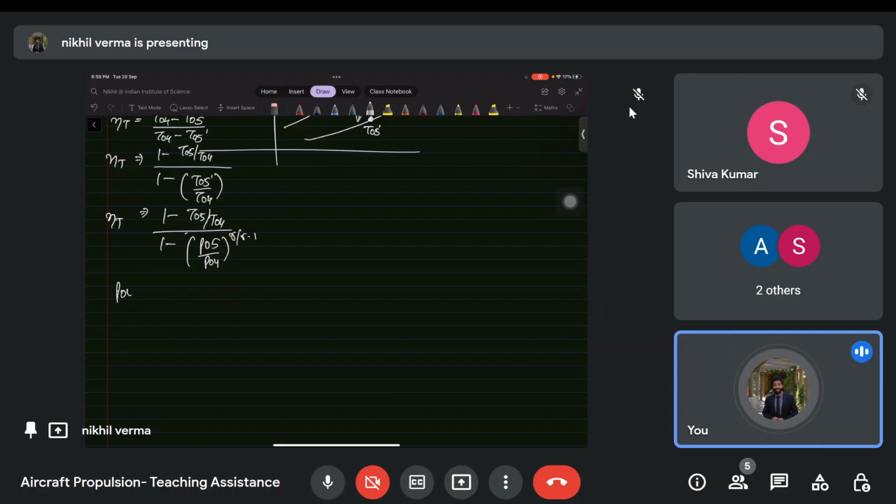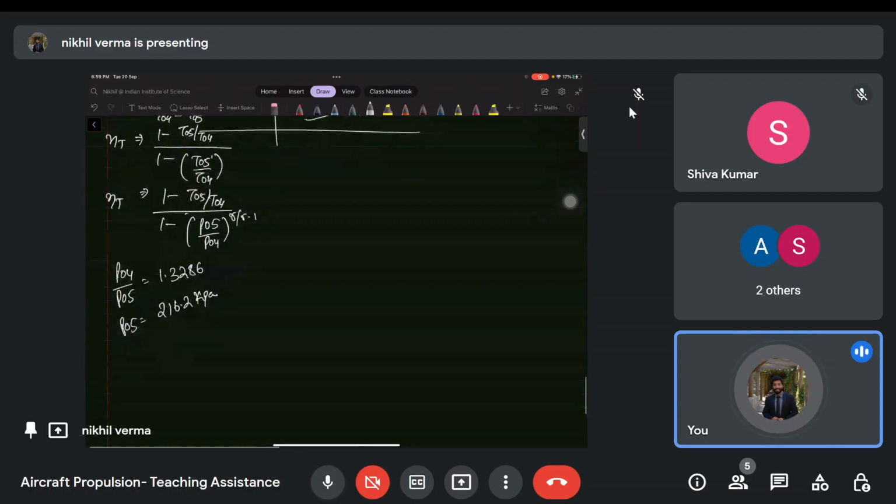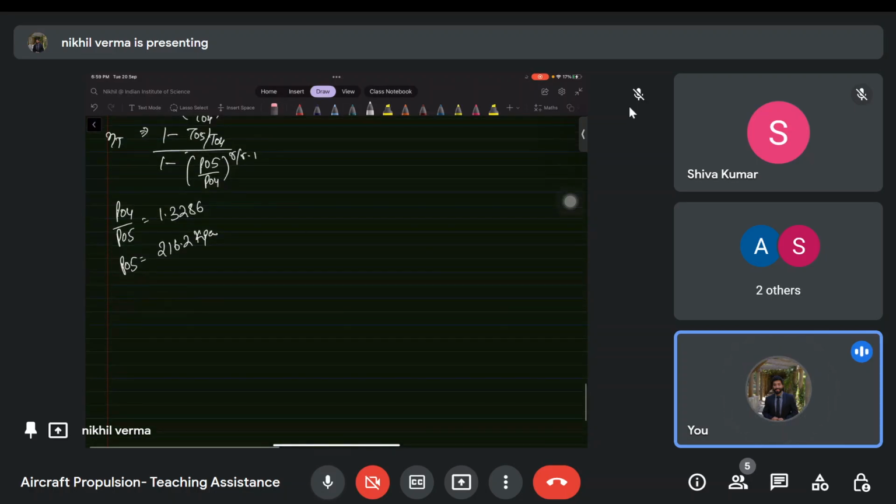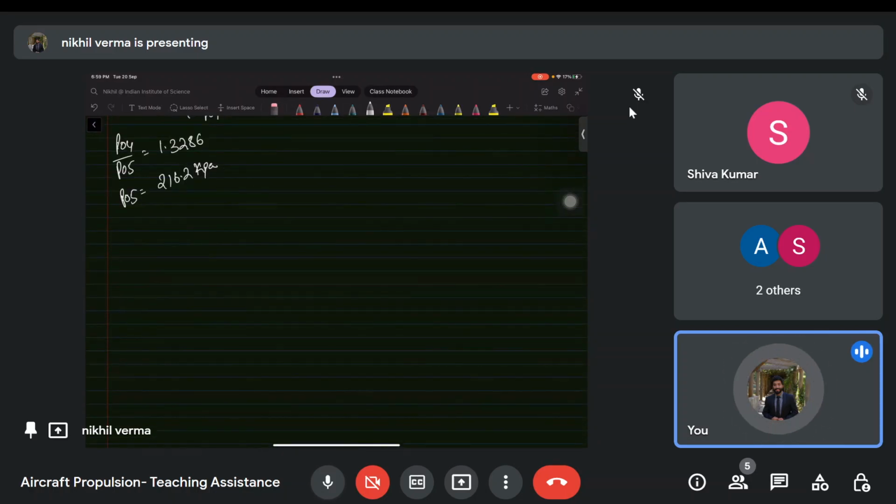If you calculate P naught 4 by P naught 5 through this equation, you will get 1.3286. So P naught 5 is 216.2 kilopascals. You can verify these values. I'll share this notebook with you, so after the class you can go through the notes and verify on your own.